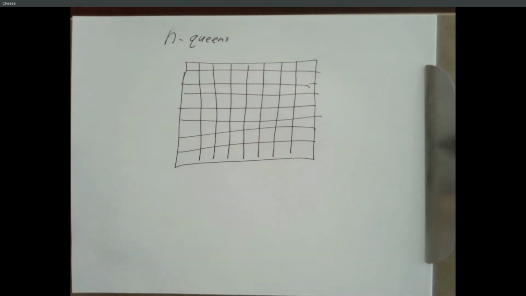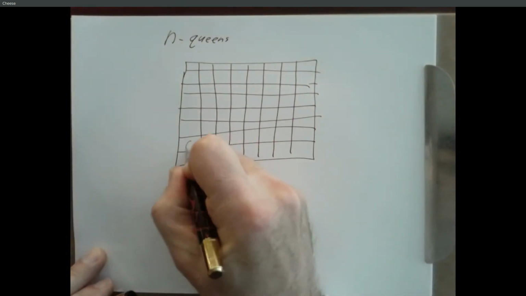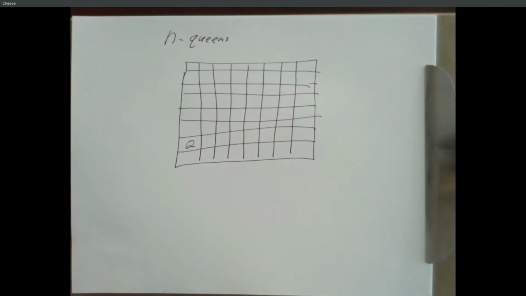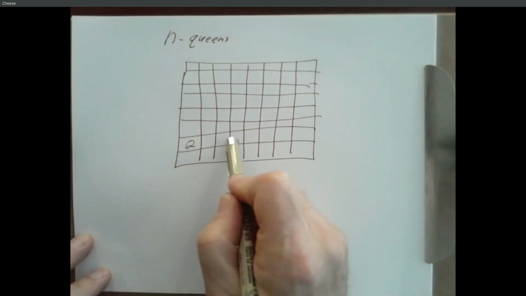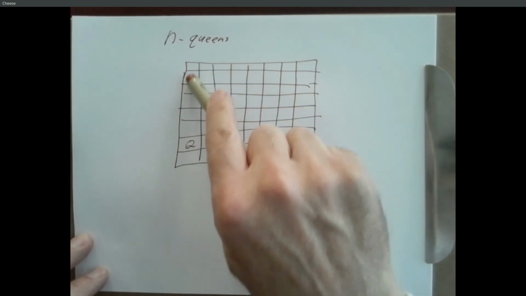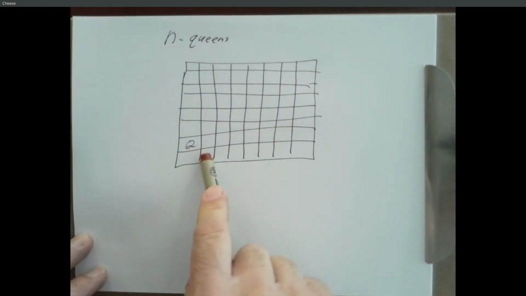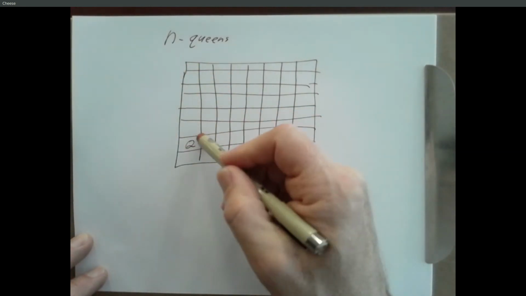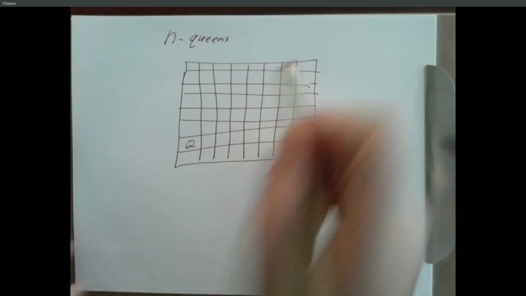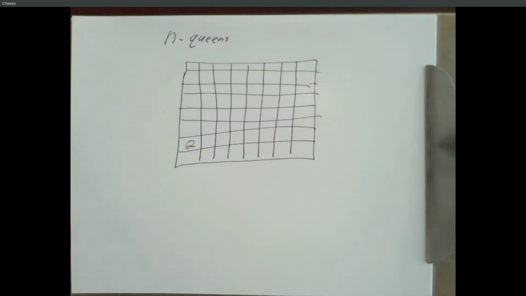So if you have a queen sitting right here, it can attack any piece in this row, any piece in this column. It could attack this piece right here because it's diagonal, or any of the pieces along this diagonal. Assuming there's nothing blocking its way, it can move in basically 4 directions.